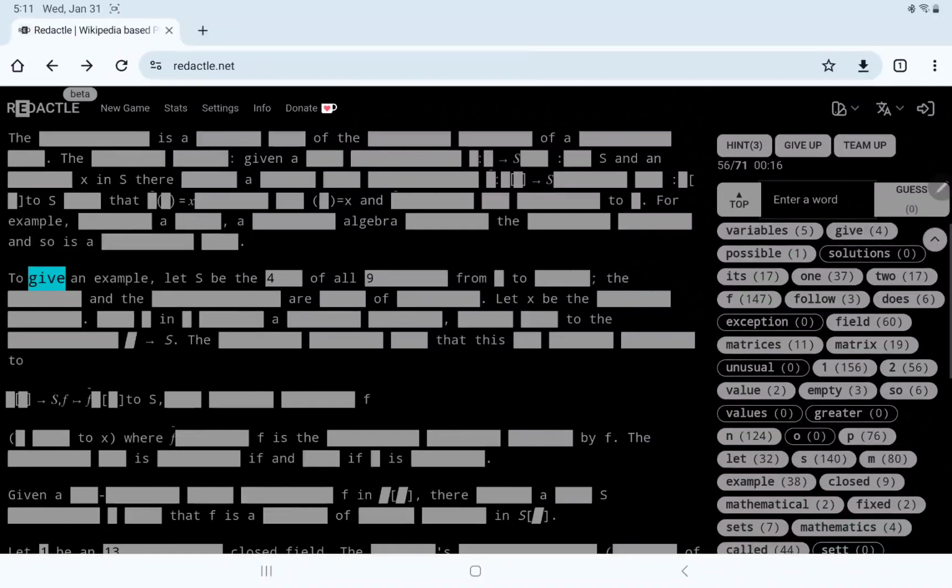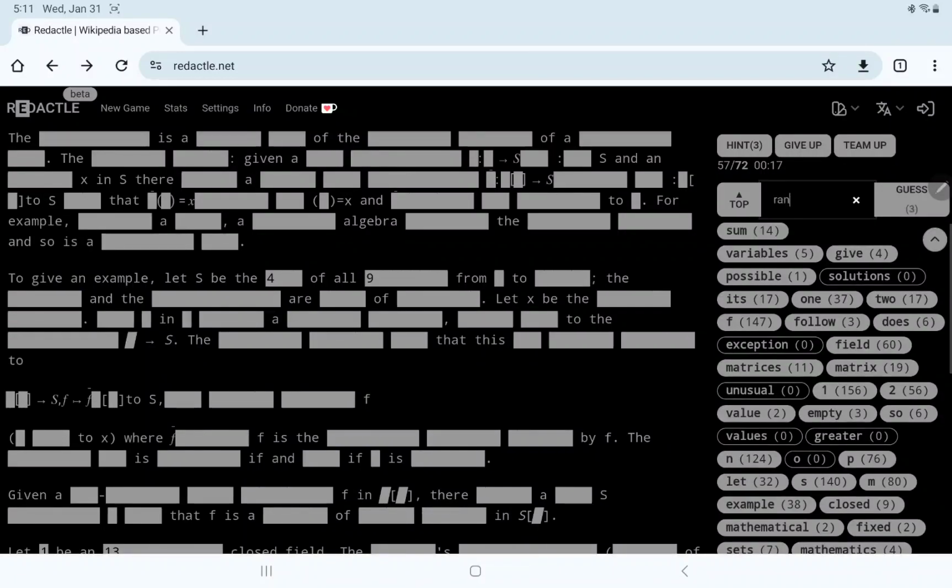To give an example, let S be the... not the sum or the range, but let's try those.